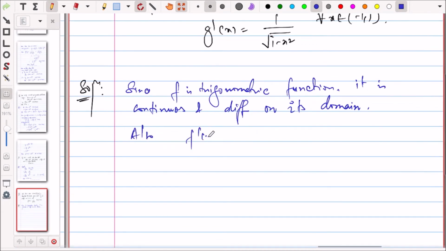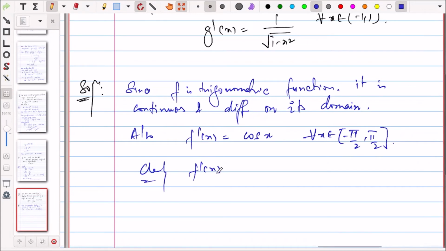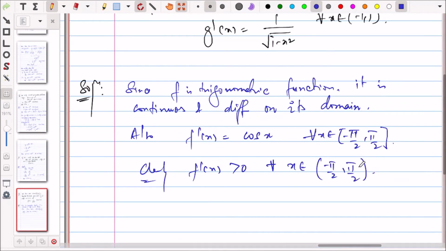Also f dash x is equal to क्या हो जाएगा, cos x for all x belonging to minus pi by 2 to pi by 2. So what about sign of f dash x? So clearly f dash x is greater than 0 for all x belonging to minus pi by 2 to pi by 2.